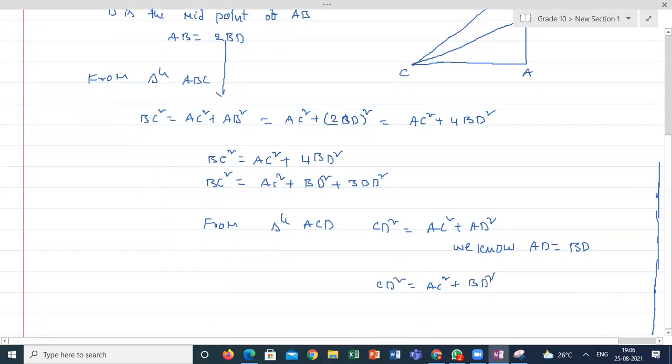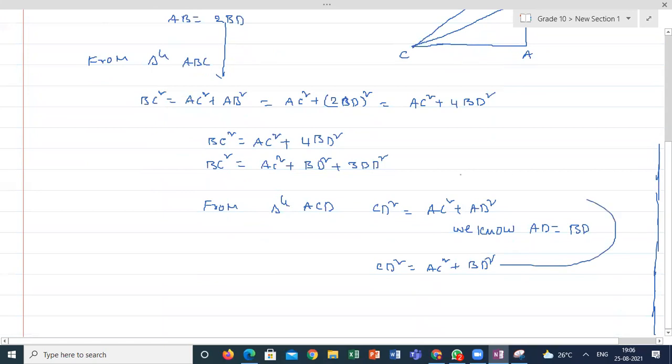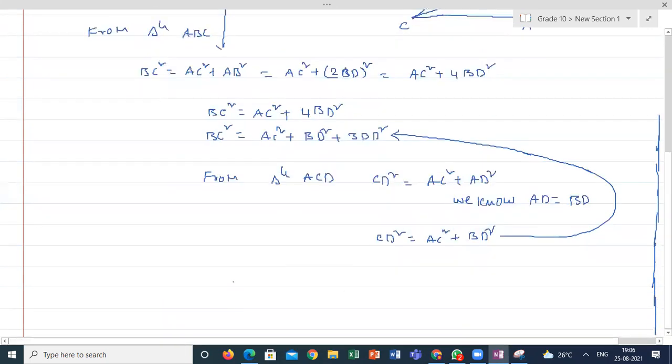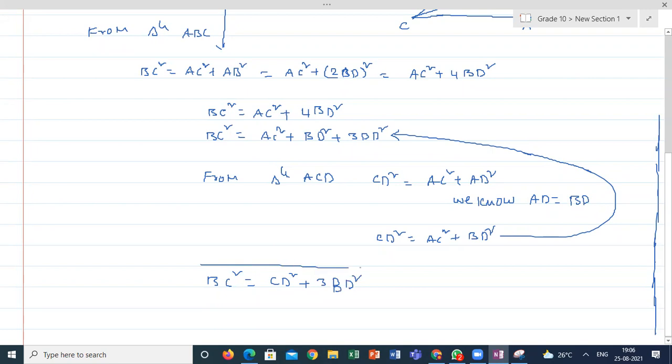If I am using this condition here, my BC square will be equal to, in terms of AC square plus BD square, can be written as CD square plus 3BD square, which is the required condition to prove.